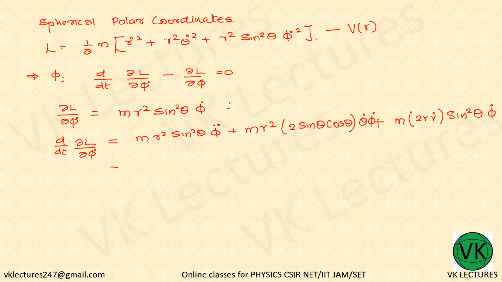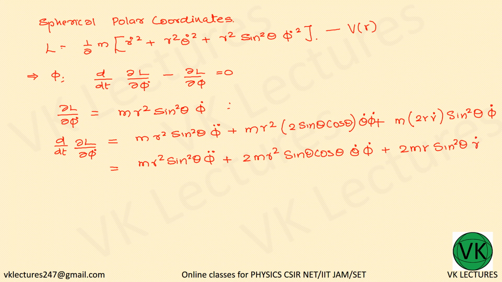So let's rearrange this. This gives us m r square sine square theta phi double dot plus 2m r square sine theta cos theta theta dot phi dot plus 2m r sine square theta r dot phi dot. So this is d by dt of dou L by dou phi dot.